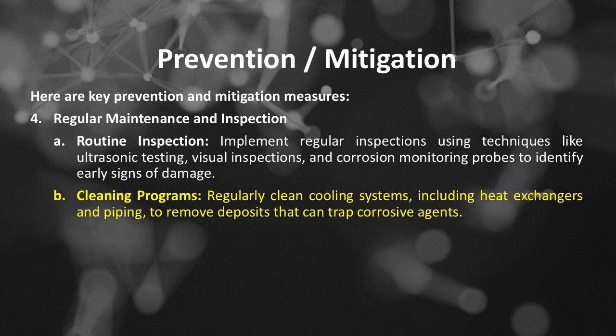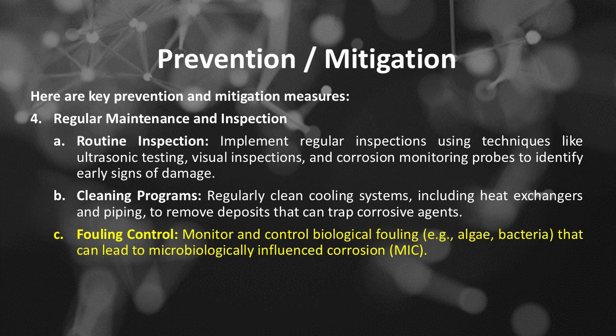Regularly clean cooling systems, including heat exchangers and piping, to remove deposits that can trap corrosive agents. Number C of the regular maintenance and inspection is fouling control. Monitor and control biological fouling, such as algae, bacteria, that can lead to microbiologically influenced corrosion, or MIC.